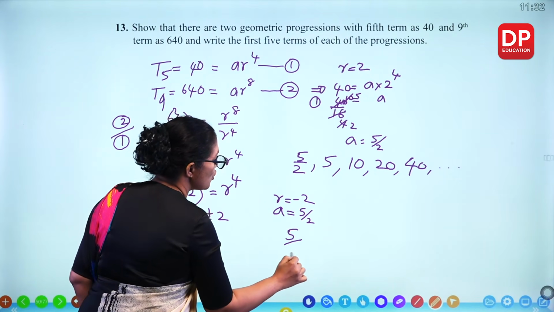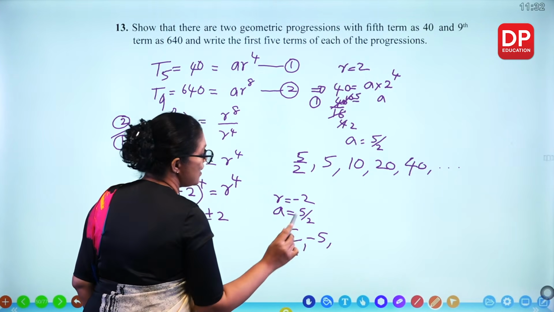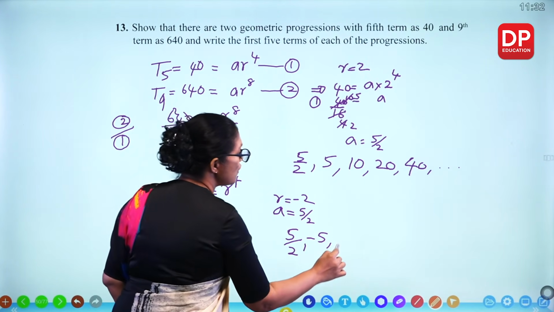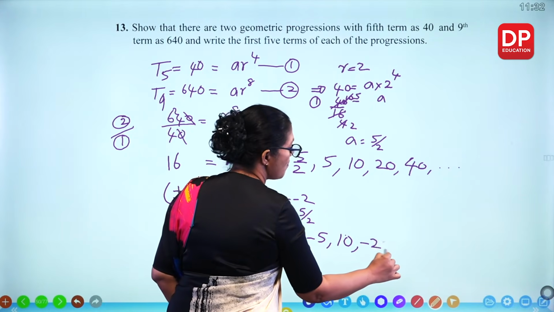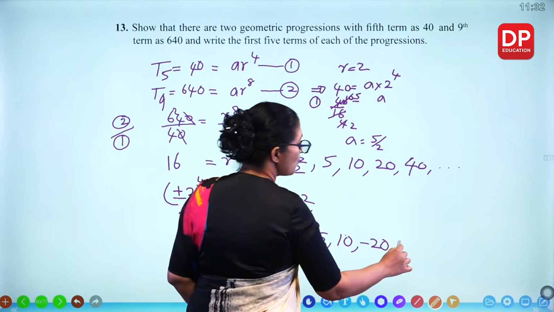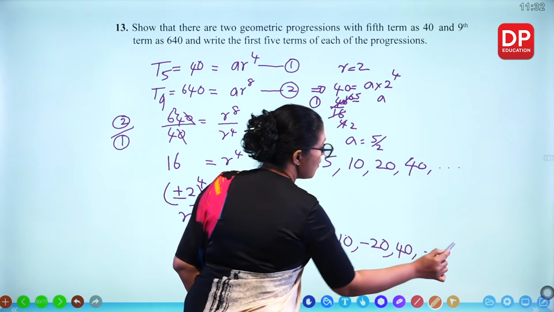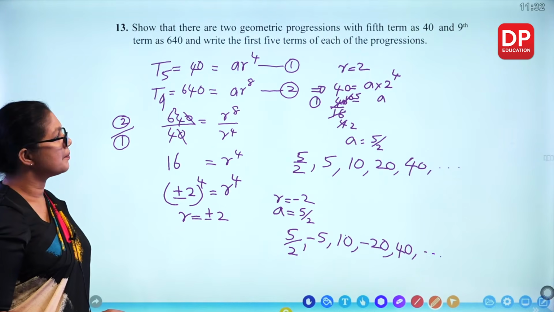Starting from 5 over 2, multiplied by negative 2, you get negative 5. Negative 5 multiplied by negative 2, plus 10. Plus 10 multiplied by negative 2, negative 20. Negative 20 times negative 2, plus 40. So that's the other sequence.